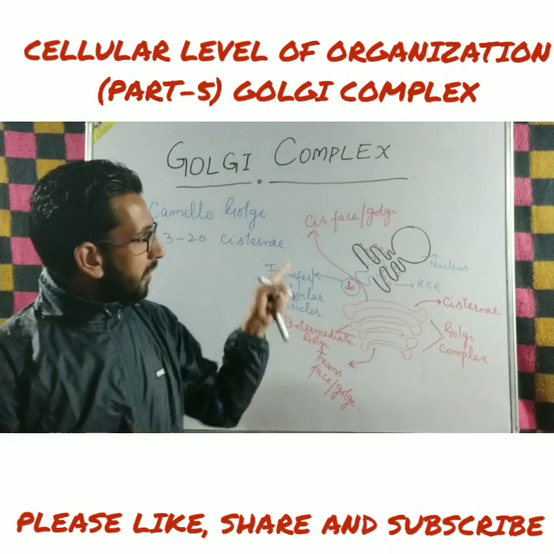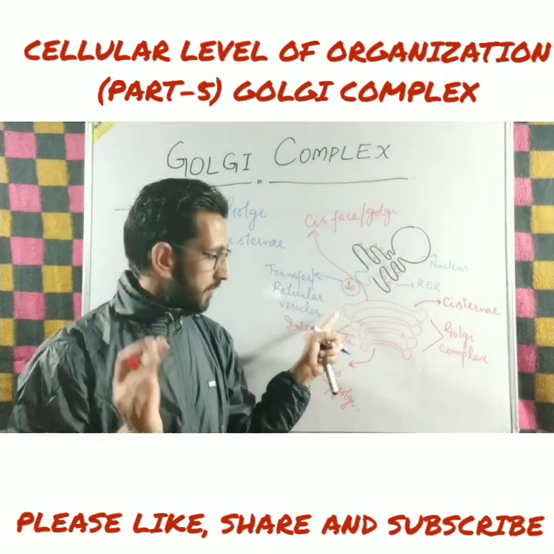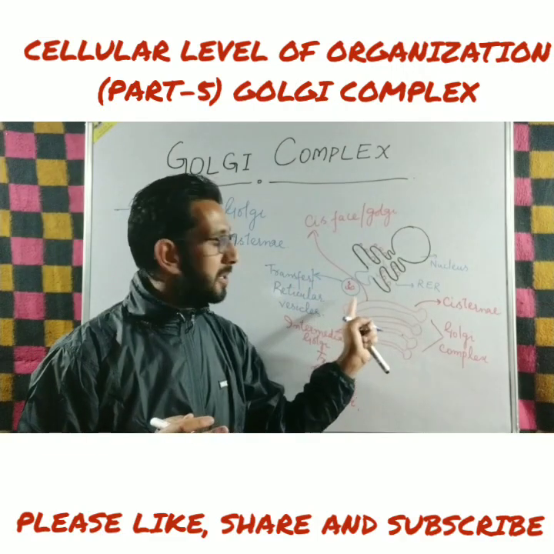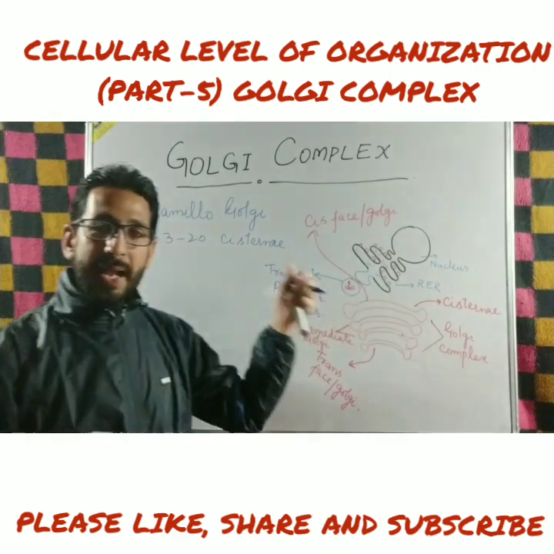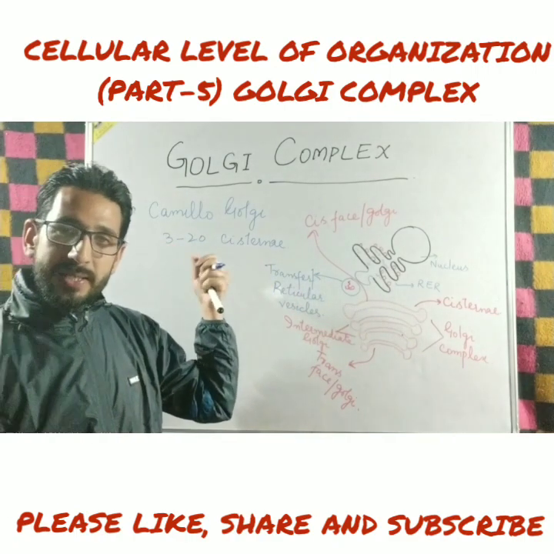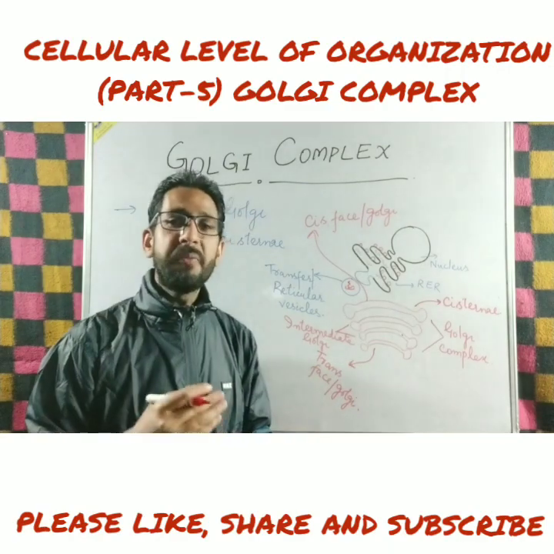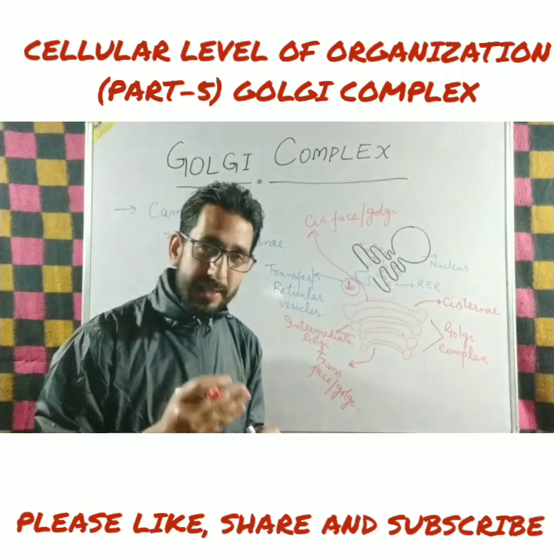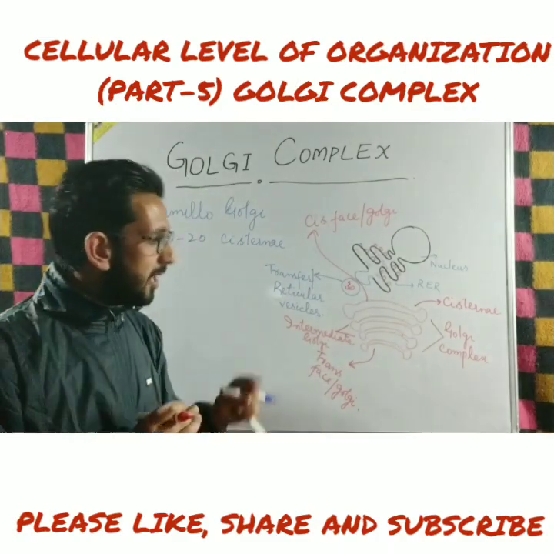Fine. So we have seen this Golgi complex is a set of these flattened membranous sac-like structures which are called as cisternae, and there can be 3 to 20 cisternae present in the Golgi complex, and depending upon the functions of the cells, these Golgi complex का जो number है that also varies inside the cell.